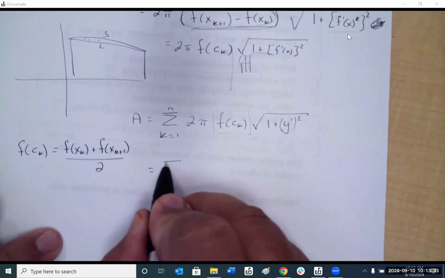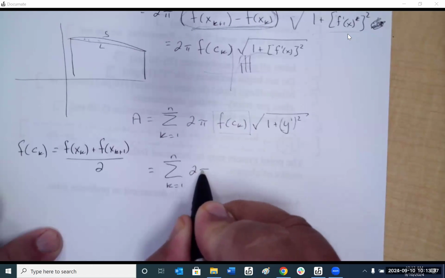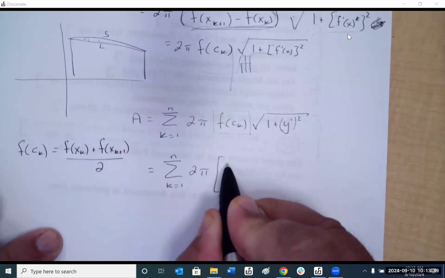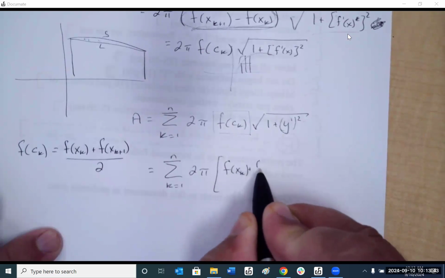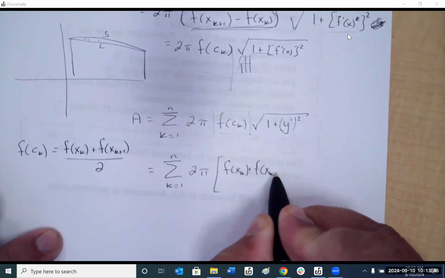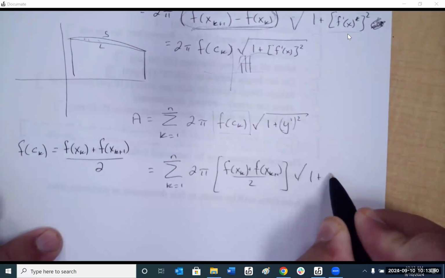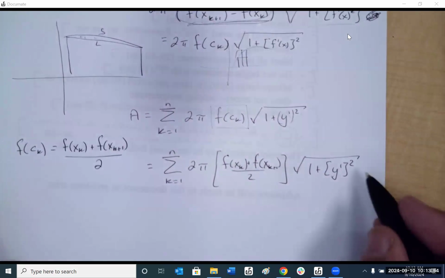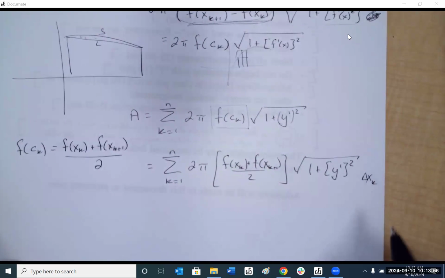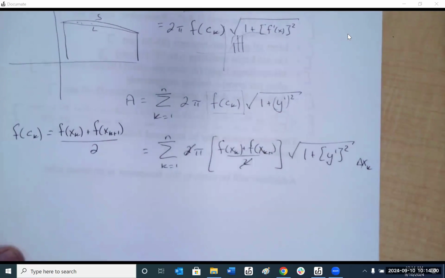Because if we look at it, this 2 and this 2 cancel.